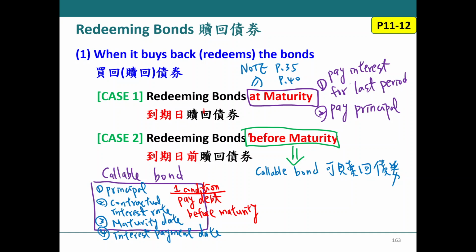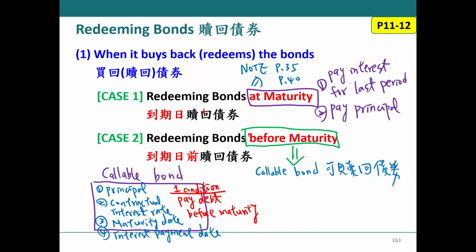But you should understand. For investors, they want you to do that, pay the money back before maturity? For investors, do they want you to do that? Of course they don't want. Why? You pay the money back before maturity, investors lose what? Interest, right? So, nothing for free.